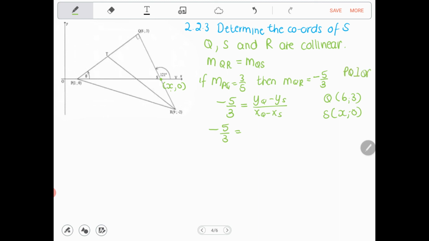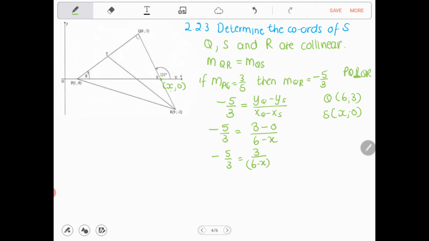PQ is perpendicular to QR. So negative 5 over 3 is equal to (3 minus 0) over (6 minus x). So negative 5 over 3 is equal to 3 over 6 minus x.